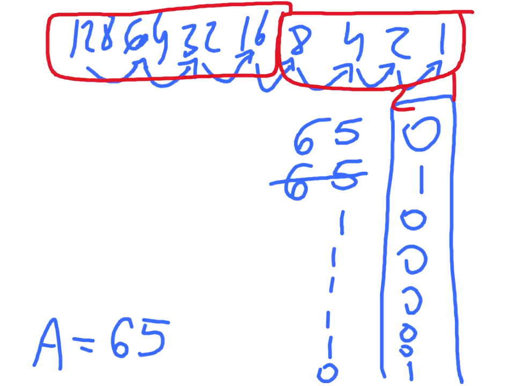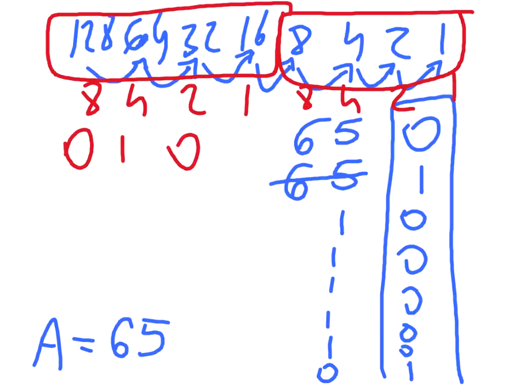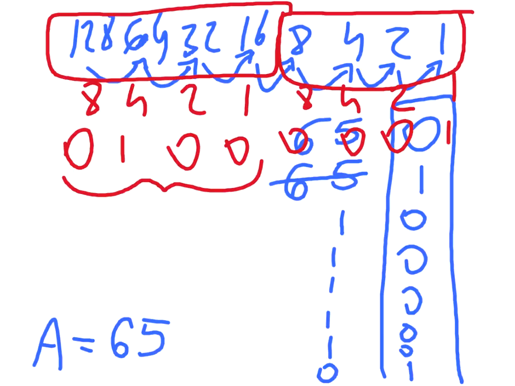Here you need to look at 1, 2, 4, 8, and 1, 2, 4, 8. 65 is 0, 1, 0, 0, 0, 0, 0, 1. The first 4 bits are just 4. We only see a 1 at 4.